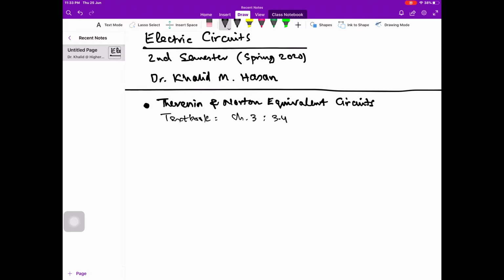The basic philosophy of Thevenin and/or Norton equivalent circuit is that if we have a circuit, say for example, a circuit with some voltage source, say 15 volt, and resistances. I'll use this circuit in the following discussion.